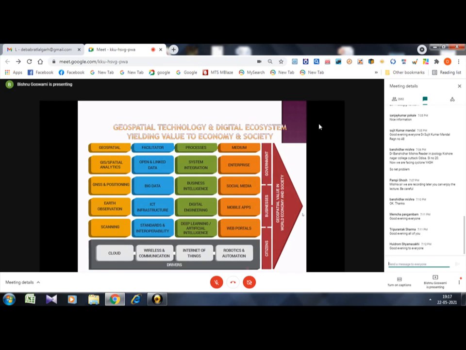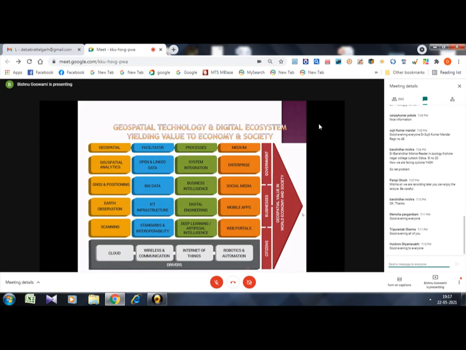And this includes ICT infrastructure. This includes standards and interoperability processes, which integrates all of this system integration. This also comes under business intelligence, and this business part is also very pertinent because we have this private and public exchanges and partnerships.